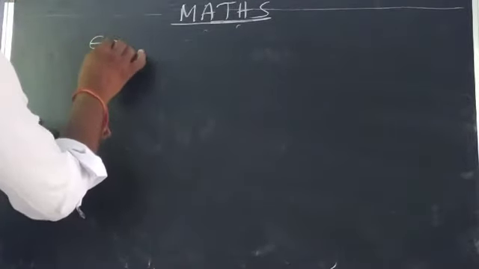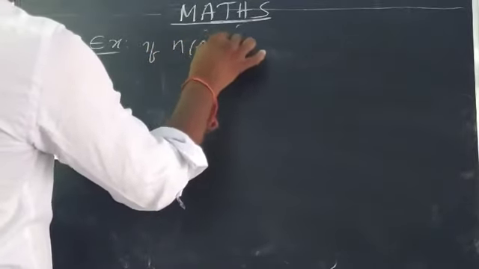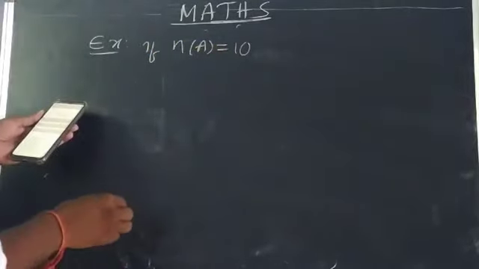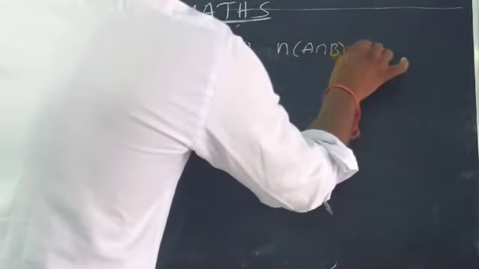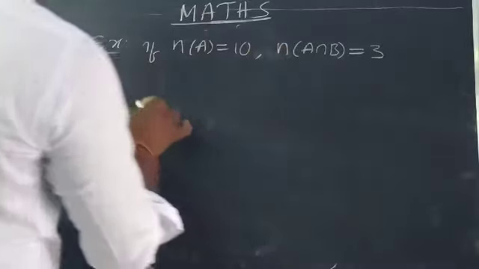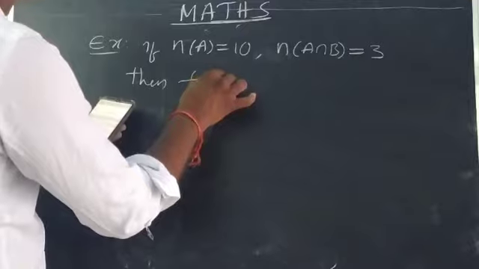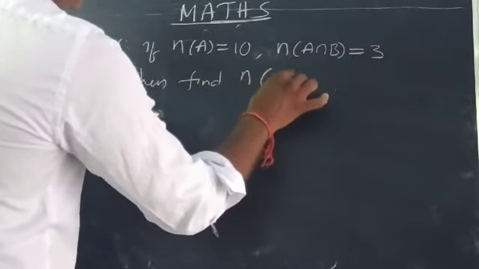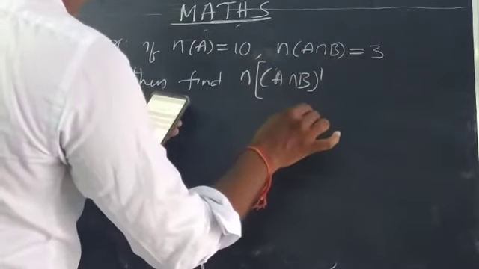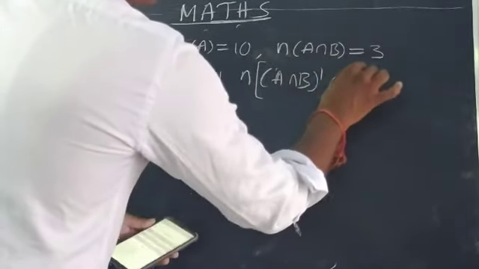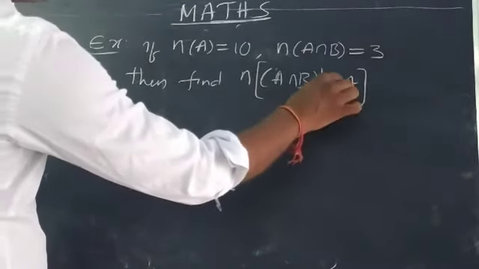If n(A) is 10 and n(A intersection B) is 3, then find n((A intersection B) dash intersection A), and n((A intersection B) dash intersection B).